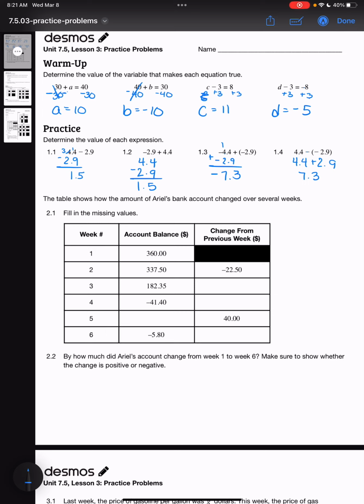Week 1, she had $360. The next week, she had $337, where she took out or spent $22.50.